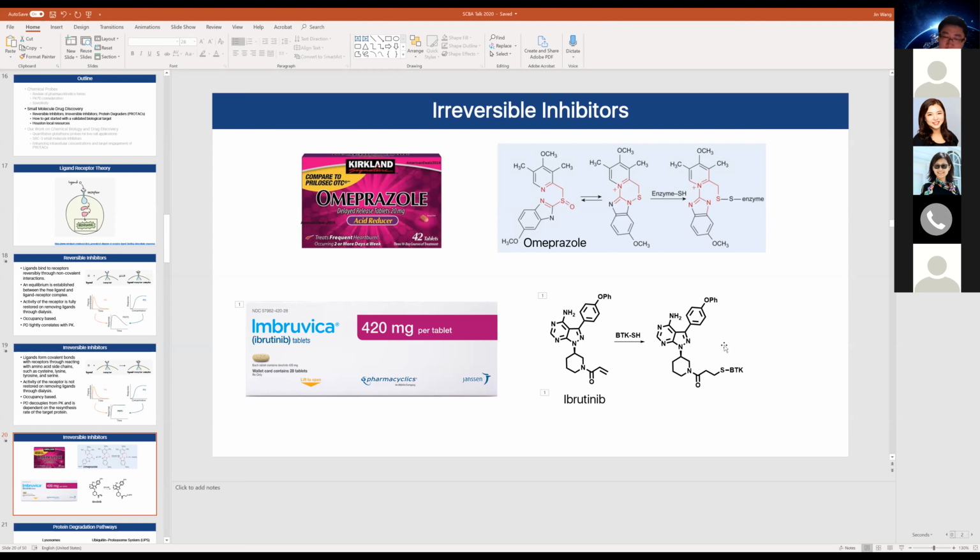So another possibility is, for example, like this ibrutinib. The reaction between the thiol and the Michael acceptor is relatively slow. Slow means it may take hours, or say 1 hour. So potentially for your compound, although those compounds look like irreversible inhibitors, because the time frame is so short, they only bind to the receptor non-covalently.